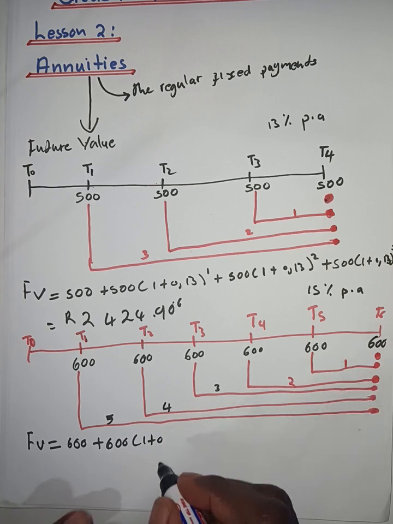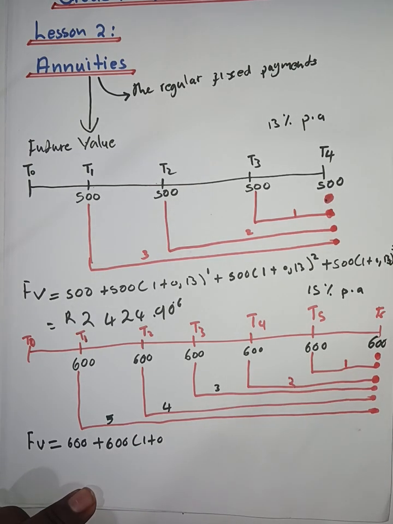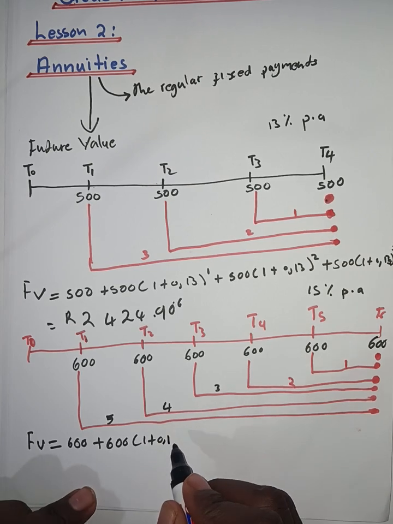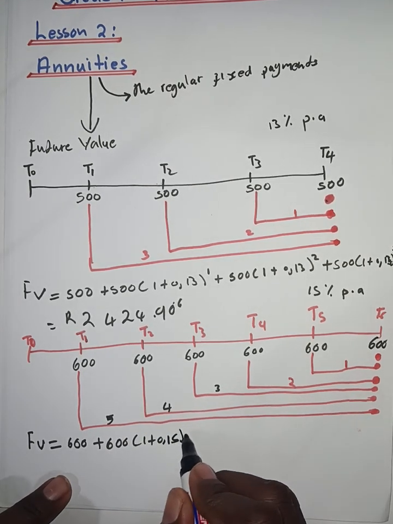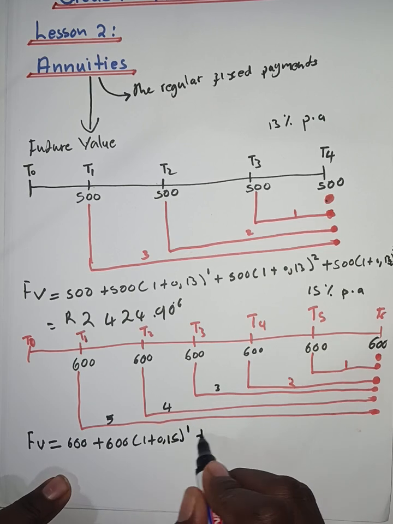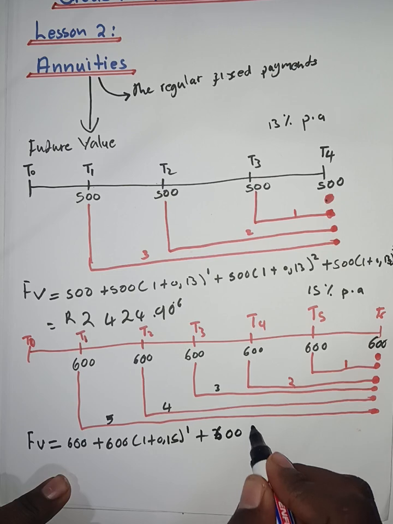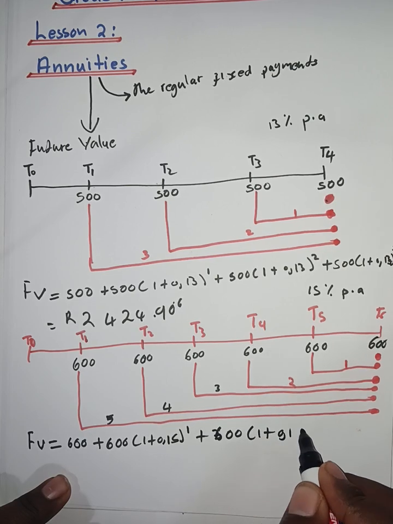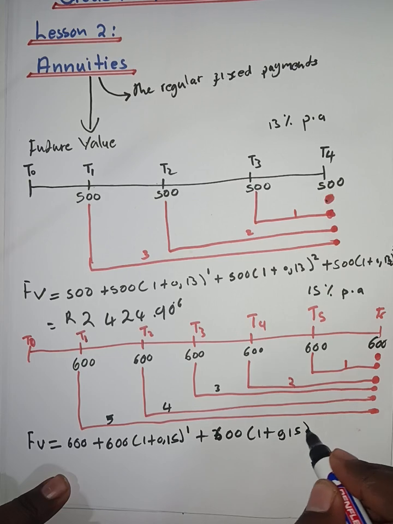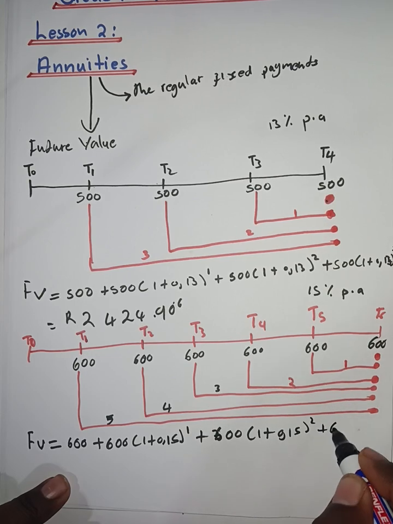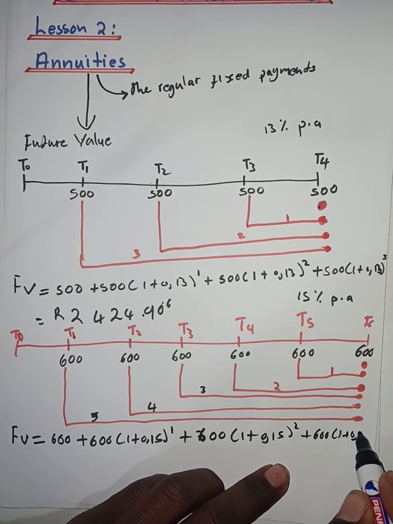So again, of course, this amount there would earn interest for 1 year. So that would be 1.5, so we said 15%, right, for 1 year, plus 600, 1 plus 0.15. So this would be for 2. Again, we would have another one, 1 plus 0.15.